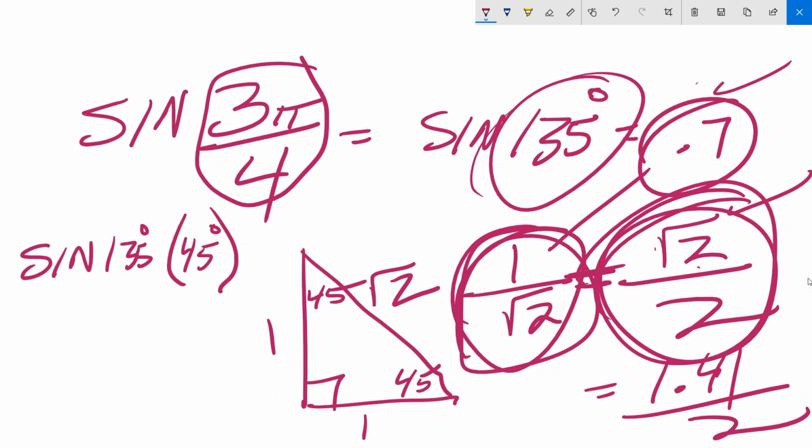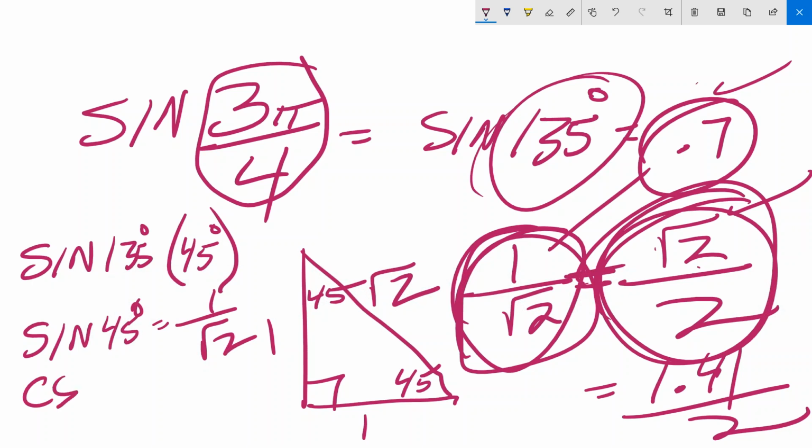Have they told you about those yet? Okay. Those are the reciprocals. So if I said to you the sine of 45 degrees is 1 over root 2, what is the cosecant of 45 degrees, which is the reciprocal? Yeah, notice that I don't want it rationalized.